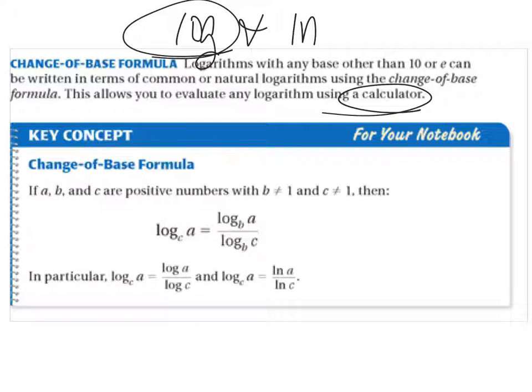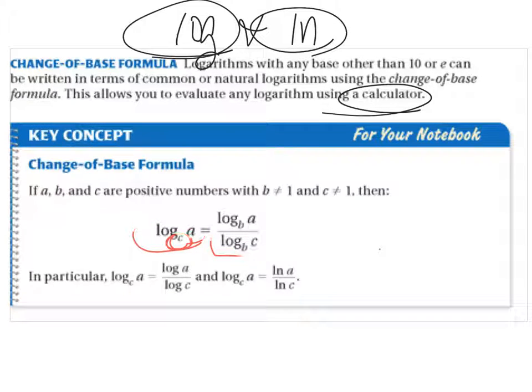This is base 10, this is base e, and that's all it has. So, change of base formula. Log base c of a, if you notice the c is the lower of the letters in that statement, which is why it goes in the denominator of your change of base formula.